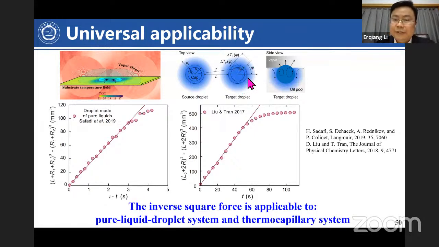If we take into account the thermal stress, you will see it is also inversely proportional to the distance. Then the change is kind of similar to the change of the relative humidity in the space. So in this sense, they are similar.